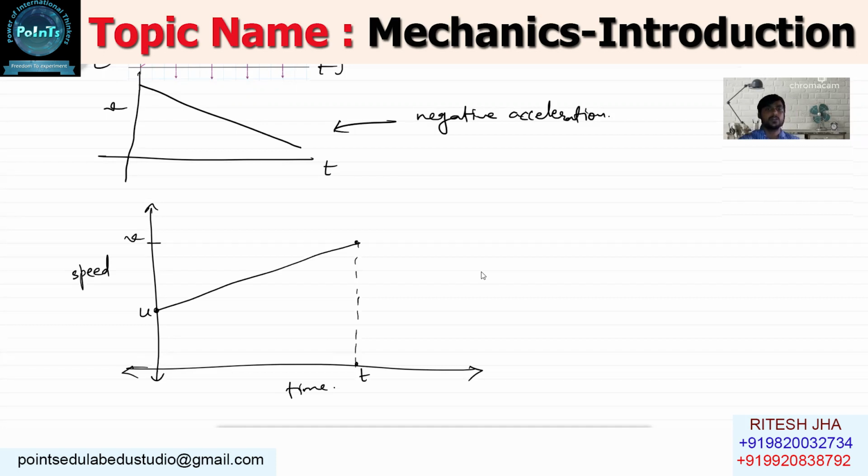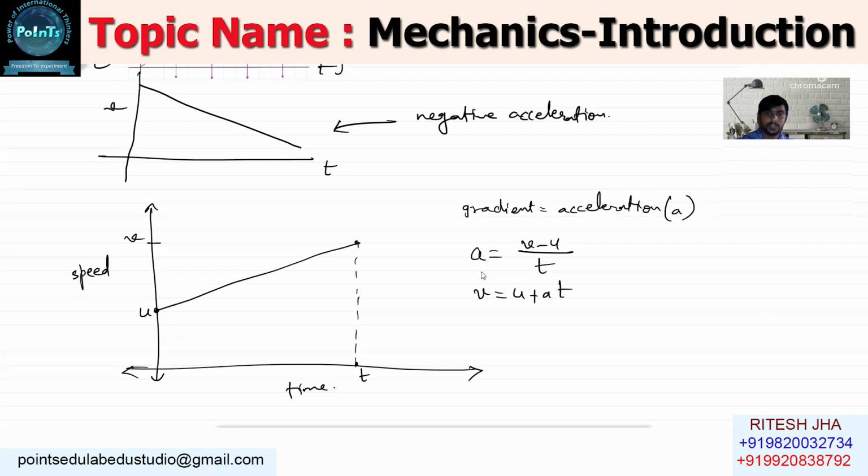So the gradient over here gives you the acceleration. That is nothing but the rise over run. So acceleration a is equal to v minus u over the time taken. So with this you get v is equal to u plus at.